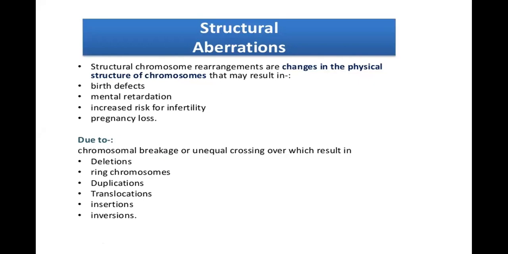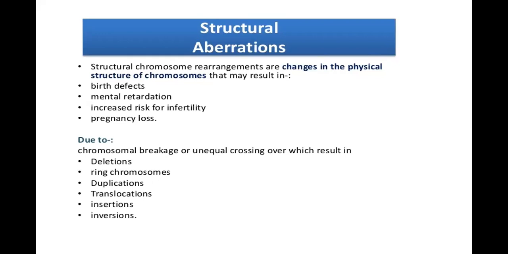Okay. So I've told you structural aberration is now due to chromosomal breakage or unequal crossing over. It results in either deletions of the chromosome, ring chromosome, duplications, translocations, insertions, inversions. Deletions, I've told you, is when material is lost.